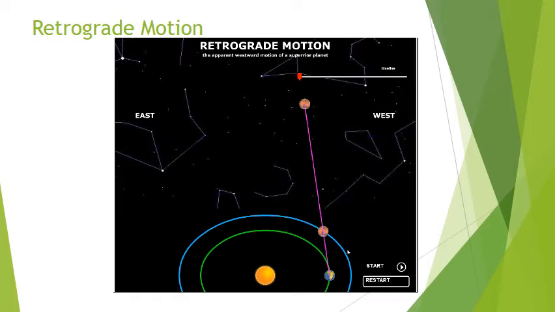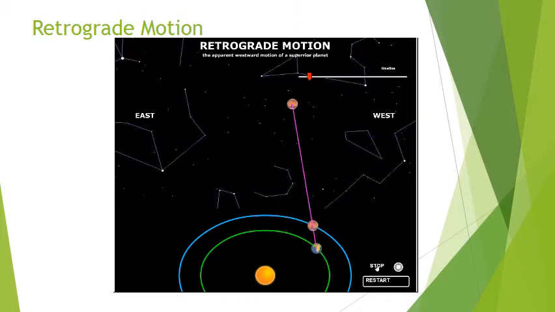Now, as I hit start, notice what happens with the relative positions of the Earth and Mars and how that changes the angle at which Mars is viewed from the Earth, and that's going to, of course, change the position of Mars with respect to the background stars. Again, most of the time, all planets move eastward with respect to the background stars, but on occasion, the planets appear to move retrograde, meaning westward with respect to the background stars.